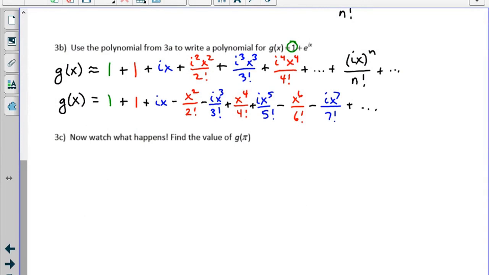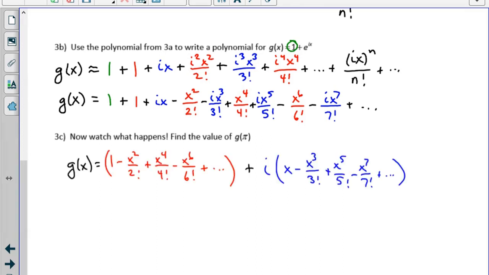And then I've rewritten everything in an alternating red-green pattern from our original problem. Now I've rearranged g of x with all of the reds and all of the blues put together. And then I'll put the 1 that's in green at the end right now instead of at the beginning.